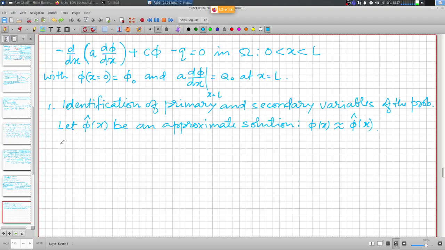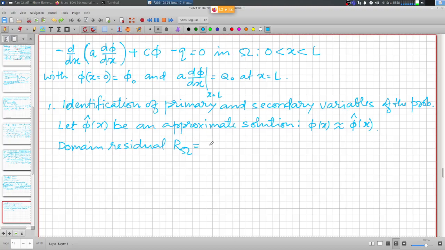Then we have the domain residual. The error in the satisfaction of the governing differential equation arises when we substitute this approximation in place of phi.